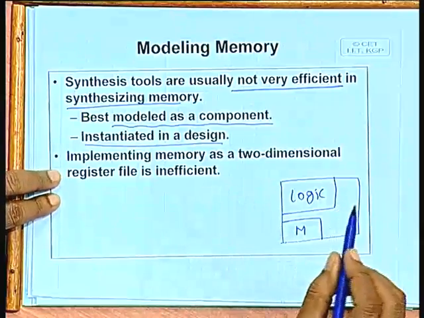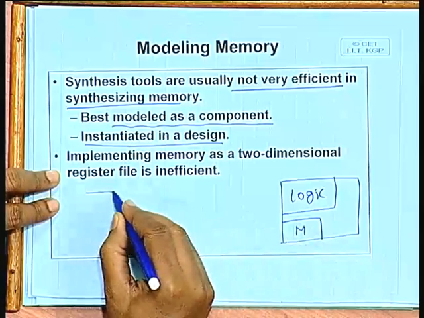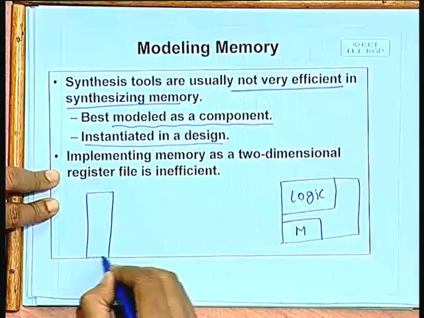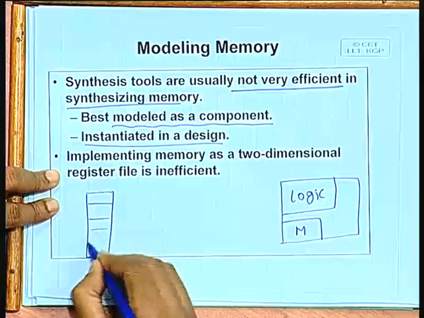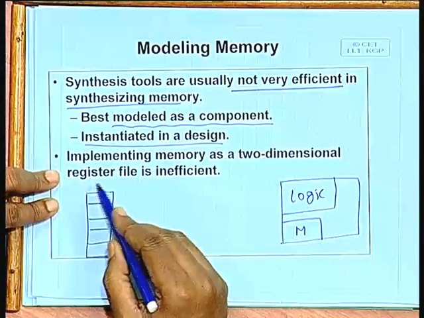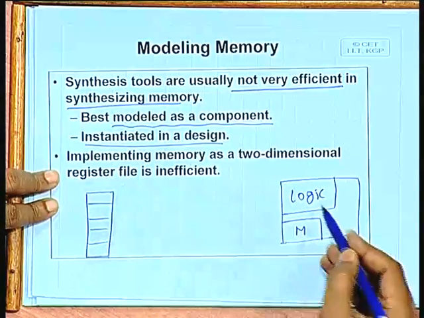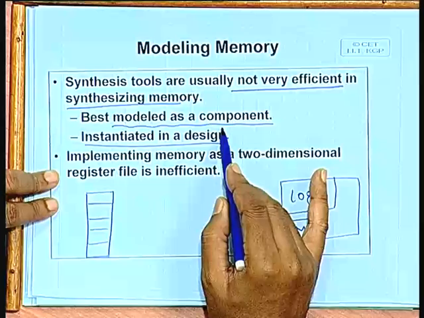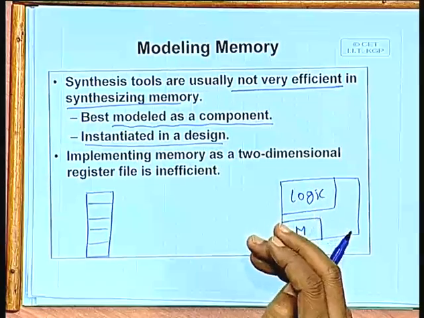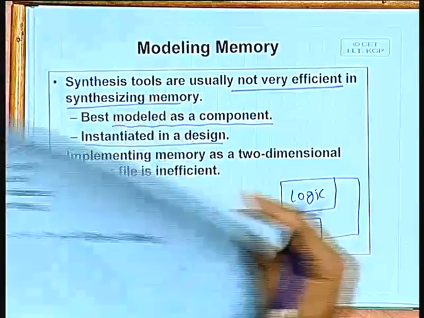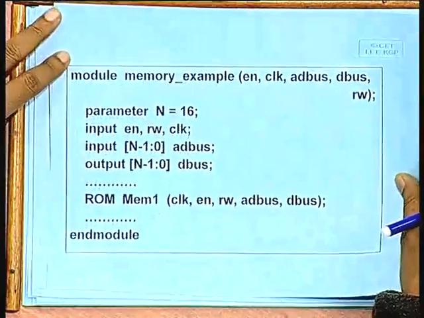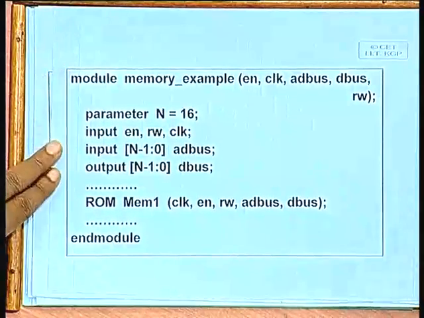So apart from the case where you need small memory banks, I mean small register banks, where you can possibly just use them as a register file, in the other case you typically use them as components. And I am giving a typical example of how you may instantiate that. You can have something like this.